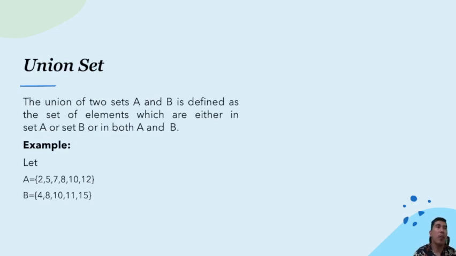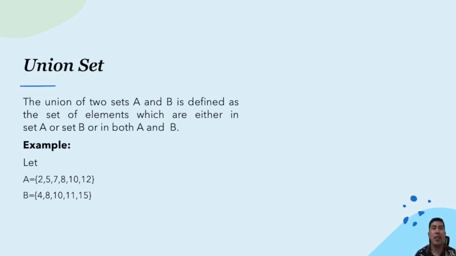The union set is defined as a set of elements which are either in set A or in set B or both A and B. Meaning to say, the elements are going to be united as one.